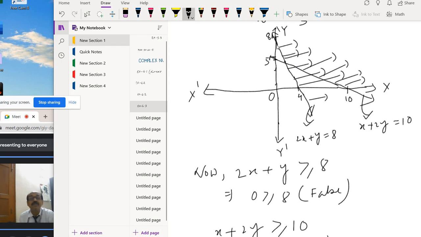This part is the common part, where both the lines meet. Okay, it is clear. So this is the common part and this is the solution set. This was question number 7.